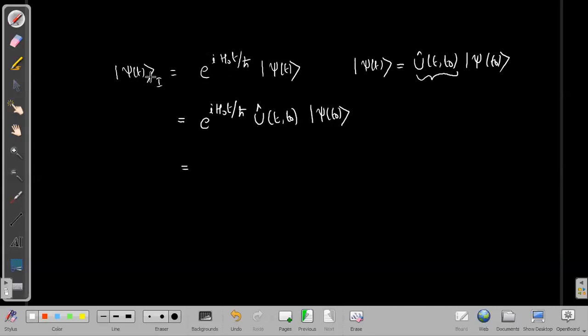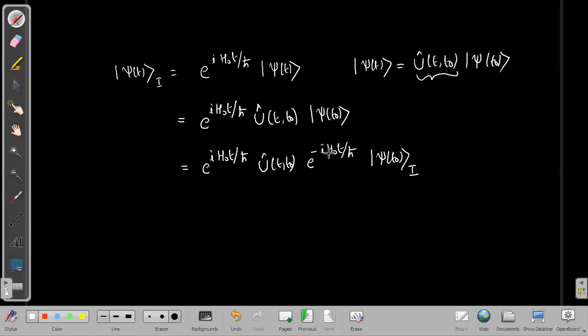Just do the opposite of the first line: e raised to i H0 t by h cross, U(t, t0). The same line I have written here. I am going to convert psi at t0, which is in the Schrodinger picture, into the interaction picture. Then it becomes e raised to minus i H0 t by h cross, the state at t0 in the interaction picture.